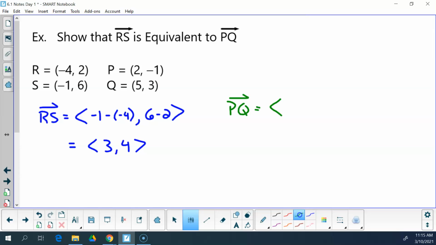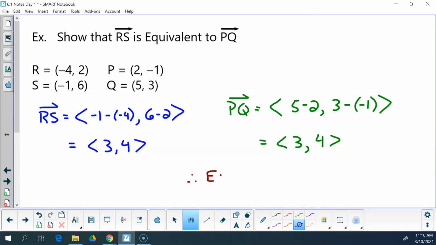So I would take 5 minus 2 and 3 minus -1. 5 minus 2 is 3. 3 minus -1 is 4. So these are equivalent, because their component forms are the same.